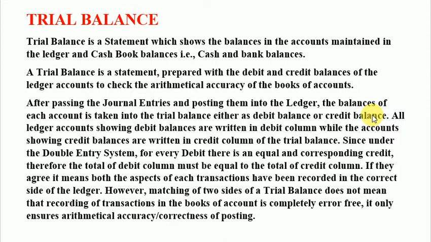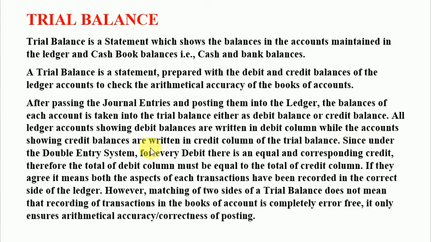If it has a debit balance, it will come in the debit column of the trial balance. If the ledger has a credit balance, it will go into the credit column. All ledger accounts showing debit balances are written in the debit column of the trial balance, while the accounts showing credit balances are written in the credit column of the trial balance.